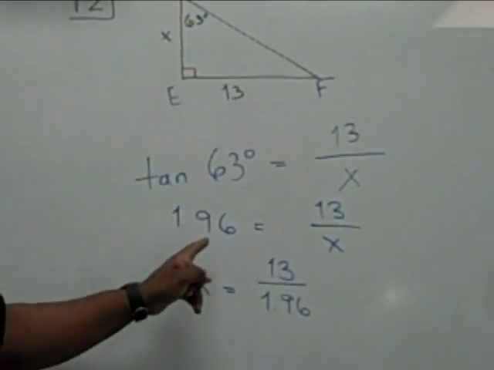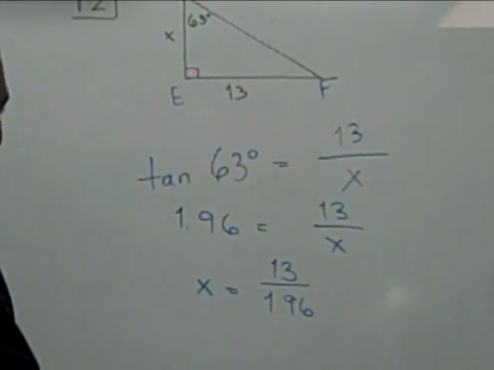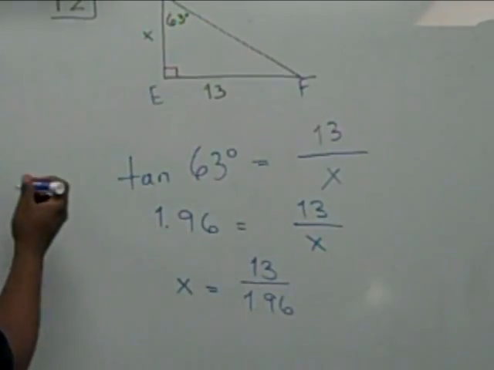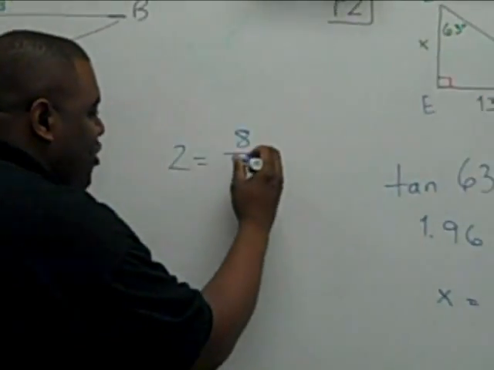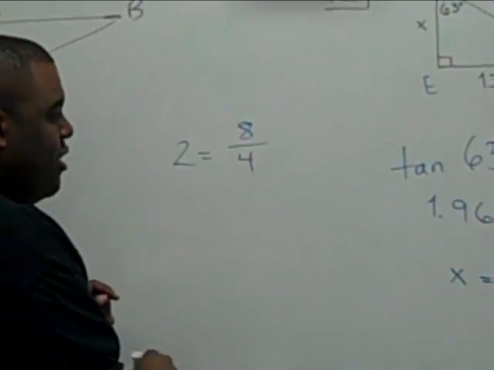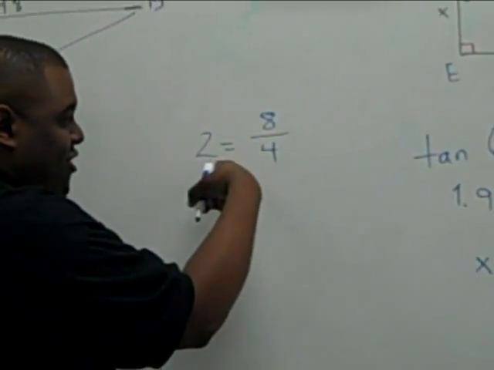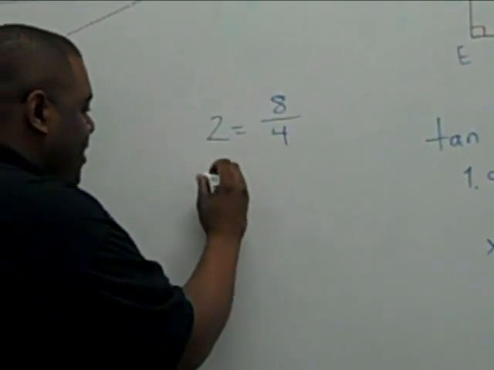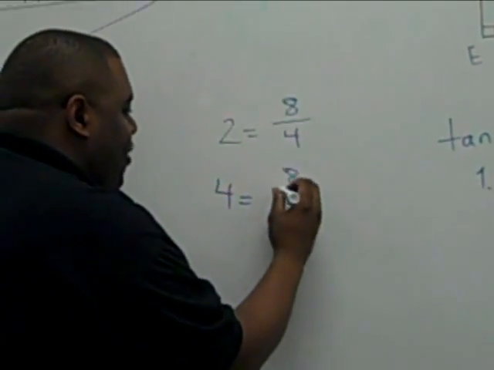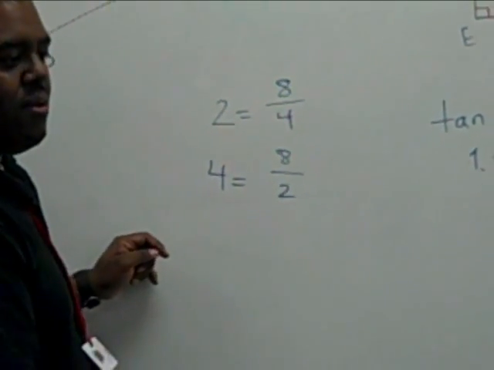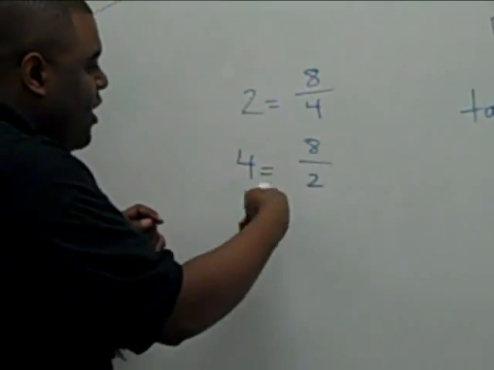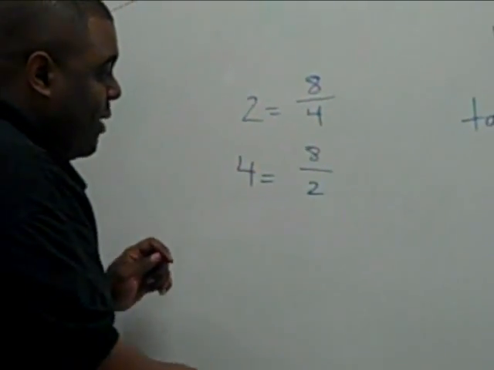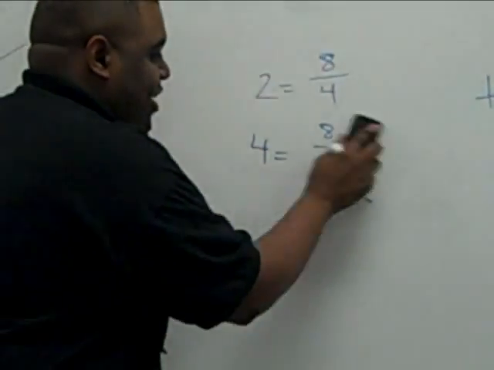I hope you understand that, because think about it. Just on a side note, if you have 2 equals 8 over 4, that's a true statement, right? But isn't 4 equal to 8 over 2 a true statement also? Yes. You just interchange the numbers, and it still gives you a true statement. So that's just a side note.